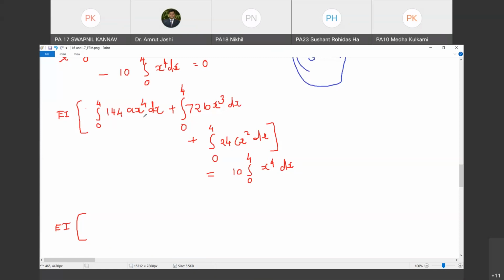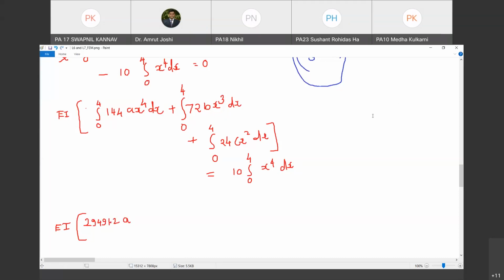The limits are 0 to 4. So how much is the integration? Tell me. I'm getting it as 29,491.2a.